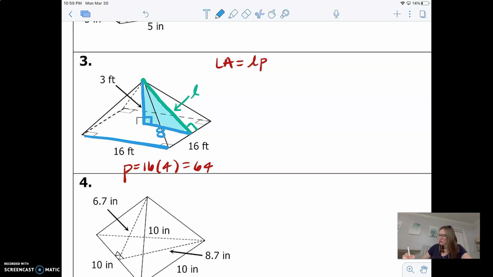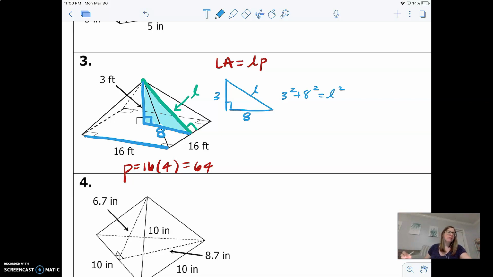So let me redraw this if you're having trouble visualizing. What I have is 3, 8, and that's supposed to be an L, your slant height. And now you do, you guessed it, Pythagorean theorem. 3 squared plus 8 squared equals L squared. Boom.